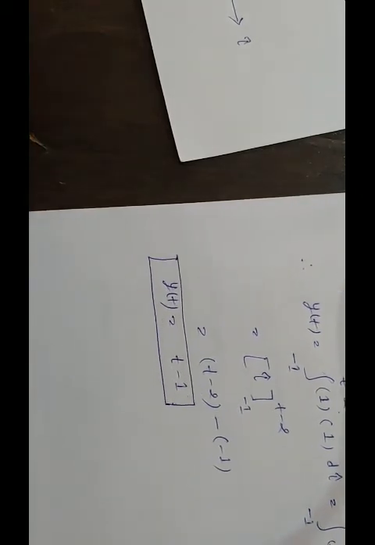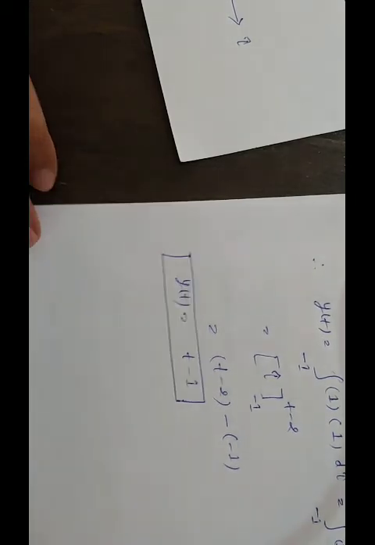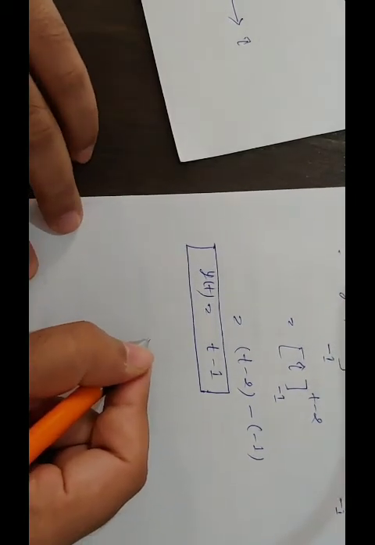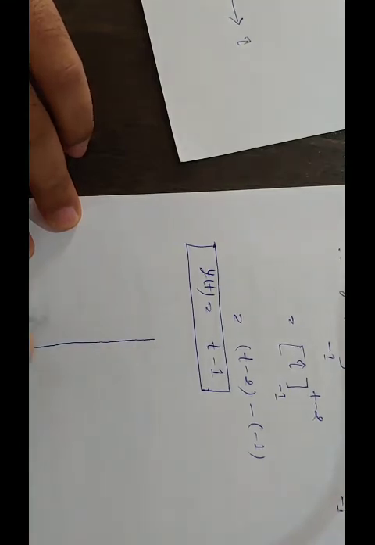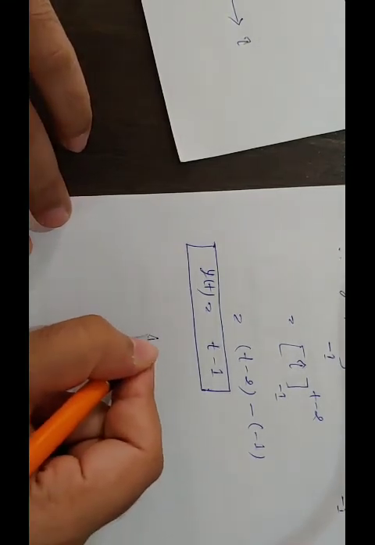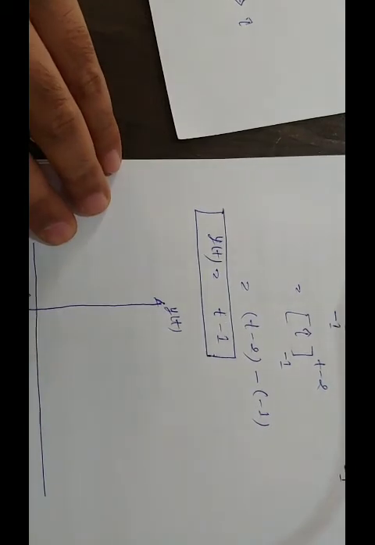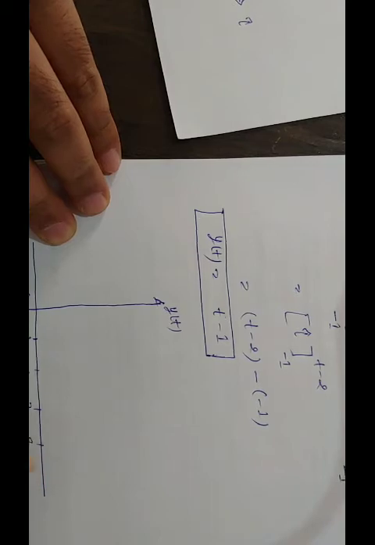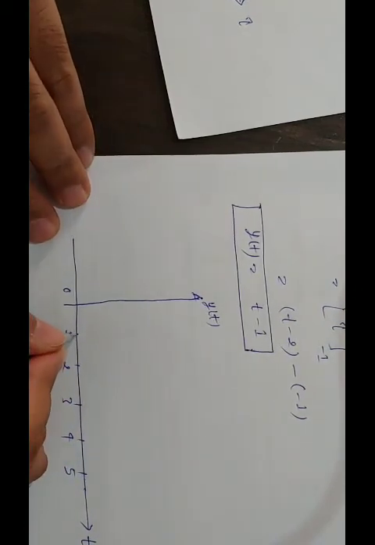Those are the two cases we have considered. We can also sketch the output signal y of t. For t less than 1, its value is 0.